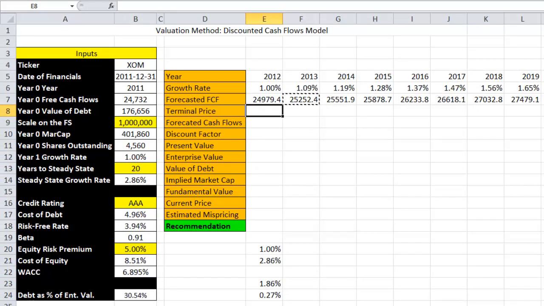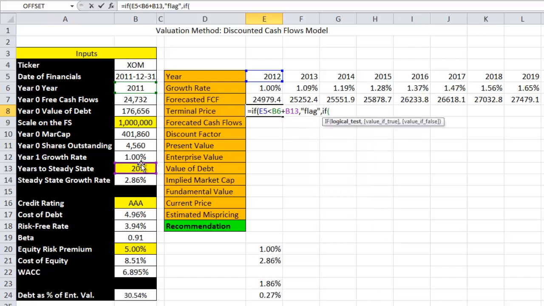So if we're in the terminal period, what we want to do is take the next period's free cash flow and divide it by R minus G. So what I'm going to do is this. You may not understand this initially, but you will at the end. I'm going to say if that year is less than year 0 plus years to steady state, then I'm just going to put a flag, and you'll see why.